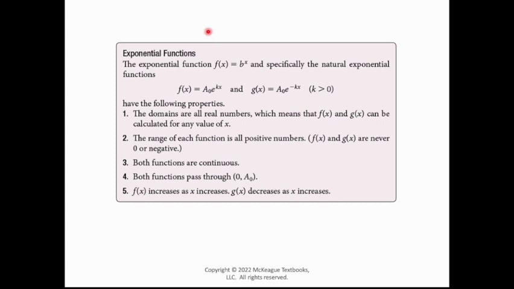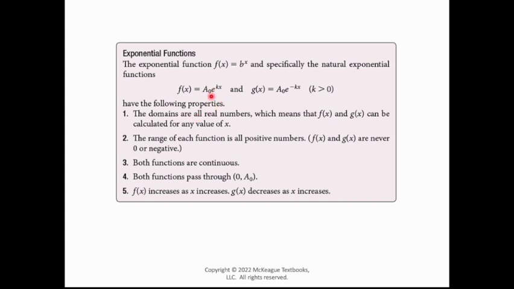So it would just be decreasing from left to right, which means since we have that horizontal asymptote and it flattens out, it's never going to drop below the x-axis. So the range, unless you have a vertical shift, is going to be all positive numbers. It's not even going to be y equals 0 because for that horizontal asymptote, the function never touches the x-axis.